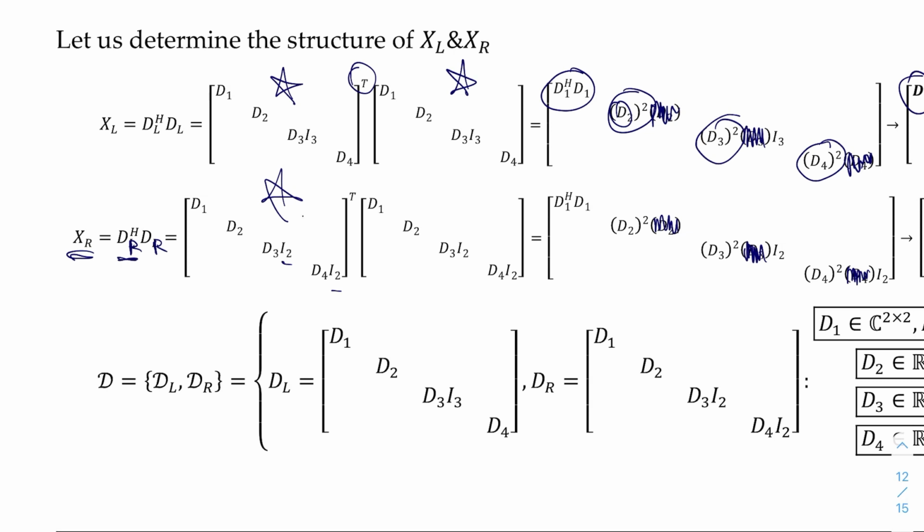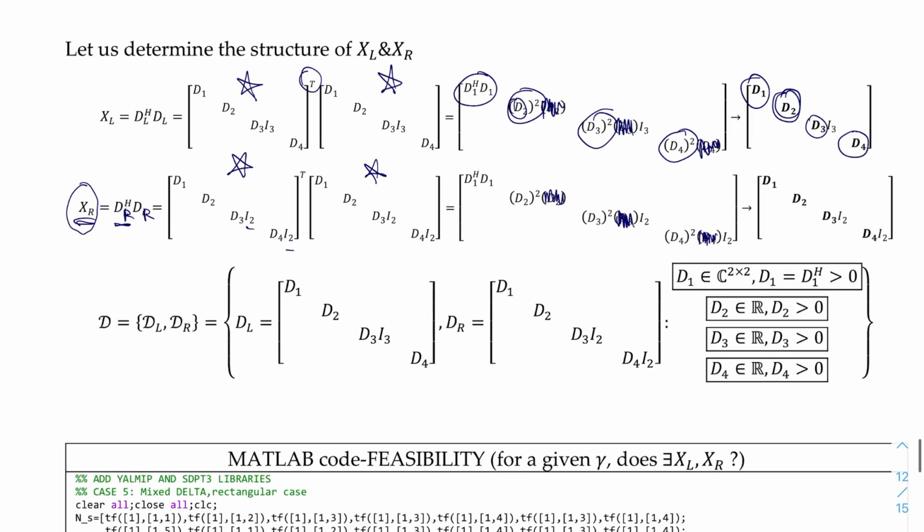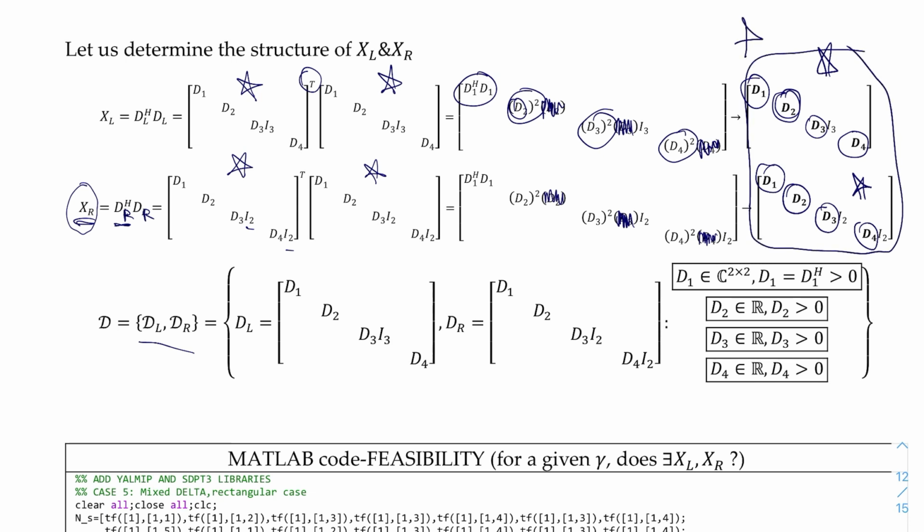No, it's correct. Let's continue. This is DR, and DR transpose DR. We are trying to obtain the structure of XR, and finally, by using the same arguments, we obtain XR's structure. So this is DF and DR, and we know what XL and XR look like, and we are going to use this. This is the important part.